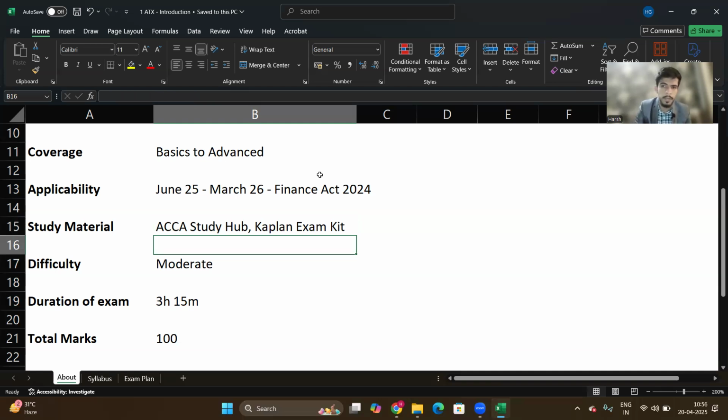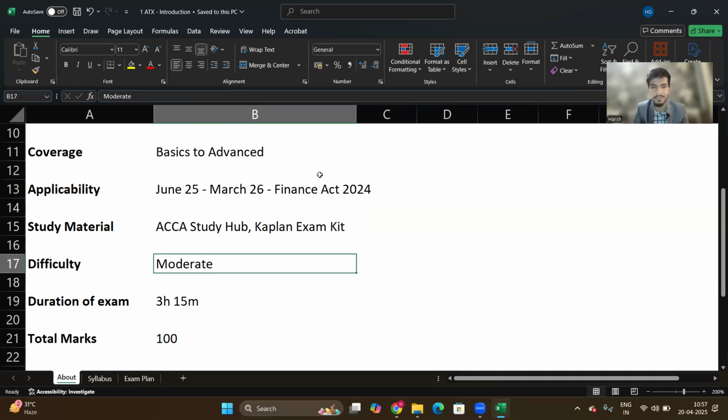The difficulty level is moderate. I would not say easy. If easy was what you would ask me, then I would say to take SBL. SBL is one of the easiest papers according to me, despite the fees it has.